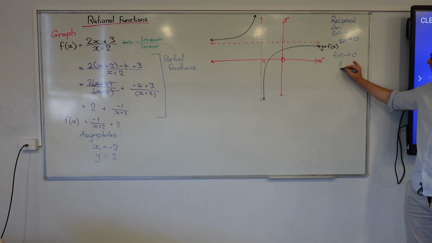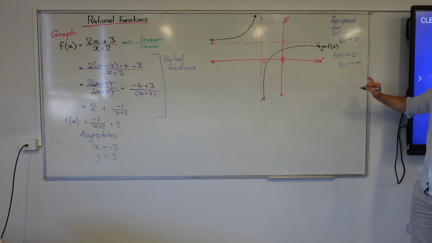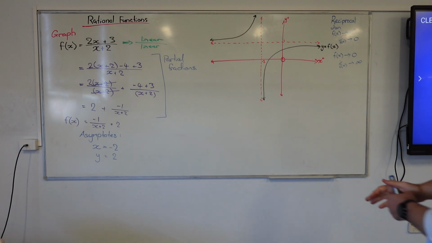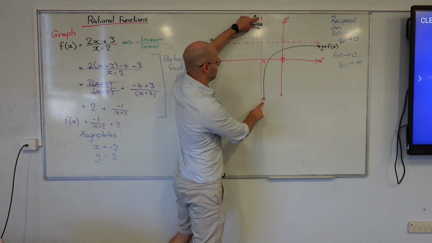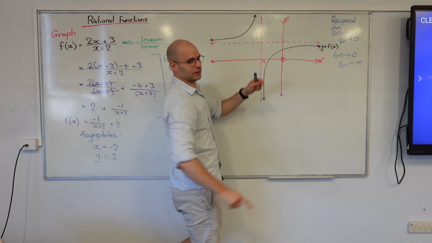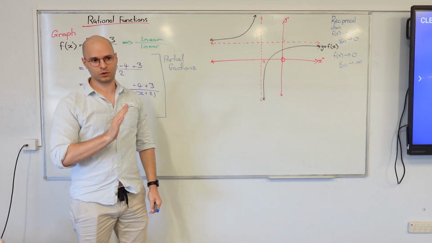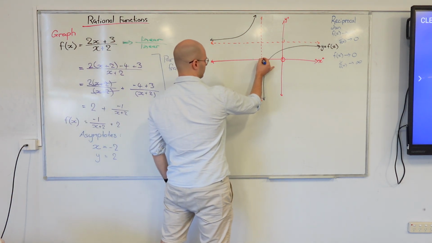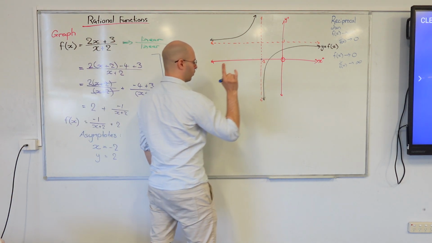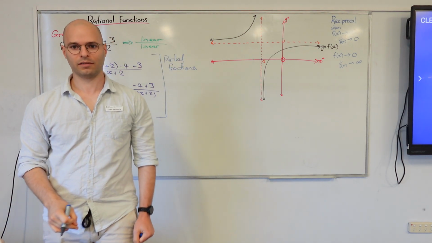Approach infinity, either positive or negative. Okay, so let's think about this. This function, at this asymptote, it's approaching 0, isn't it? The reciprocal should be approaching 0, shouldn't it? So it might look like there, but it won't be. And I'll explain why after.